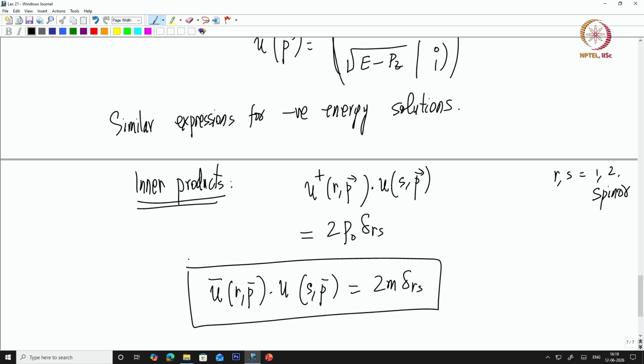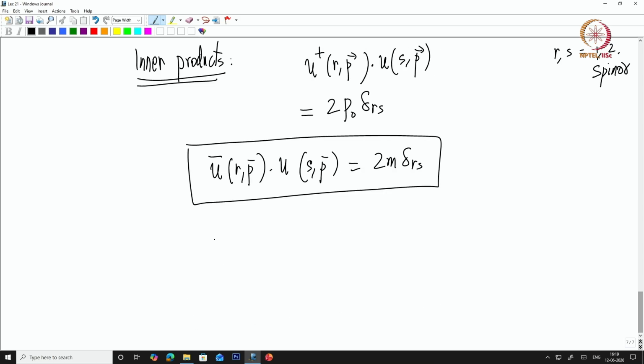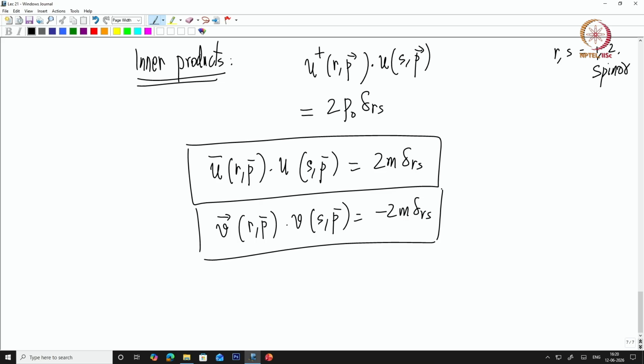Similar things for the antiparticles also exist, the antiparticle wave functions. So, these are the inner products. The inner product v bar v will give me minus 2m delta r s. And you can also show that they are orthogonal to each other.